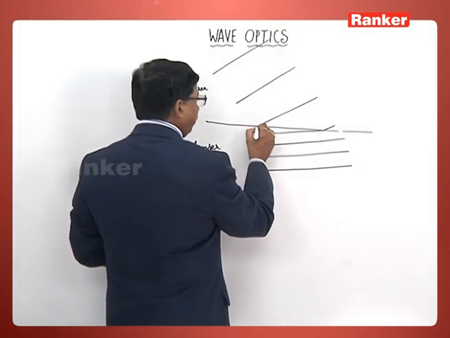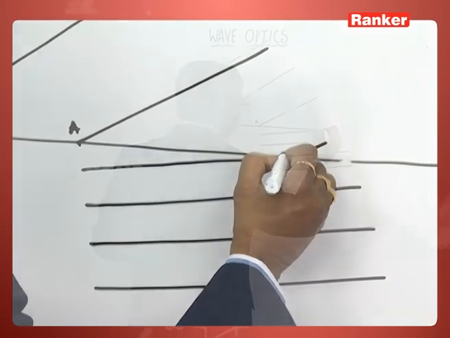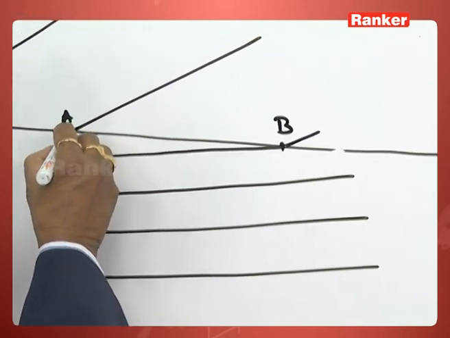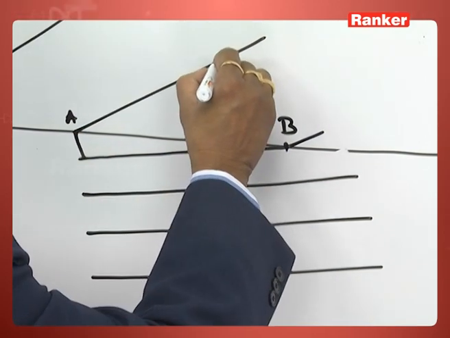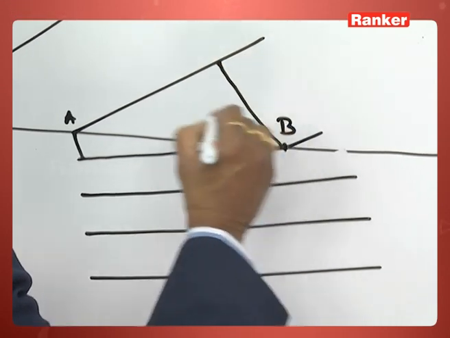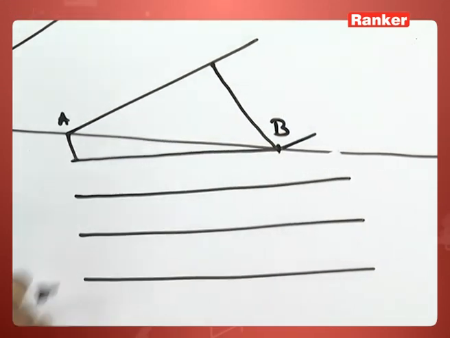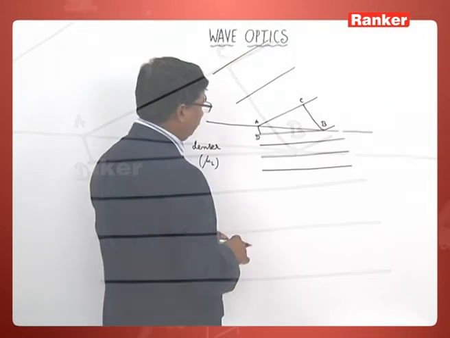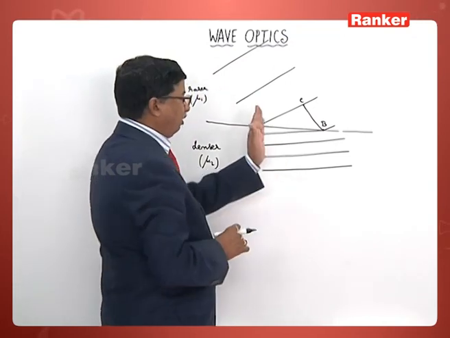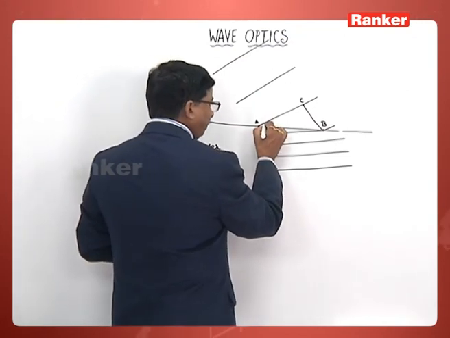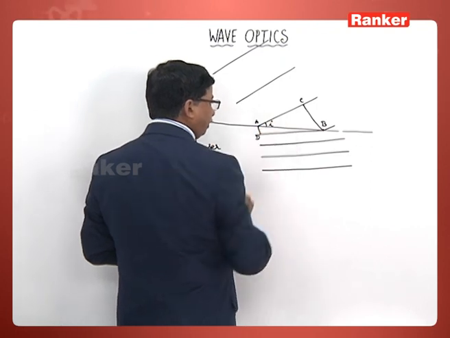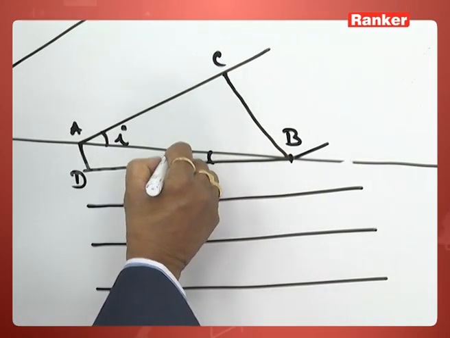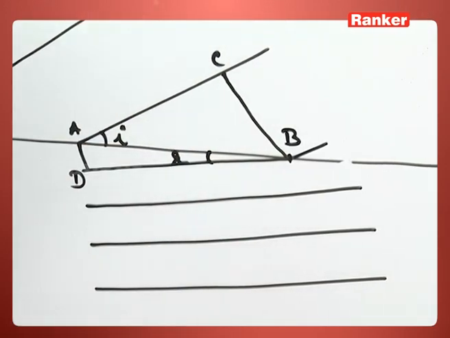When we consider this point as A and this point as B, and draw one perpendicular here and one more perpendicular from the point B, and name this point as C and this point as D, then we can understand from this figure that this angle is called the angle of incidence and this angle is called the angle of refraction, that is r.